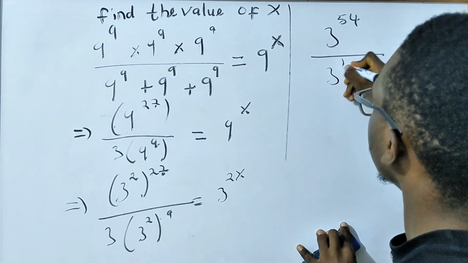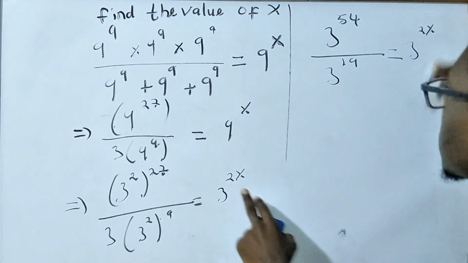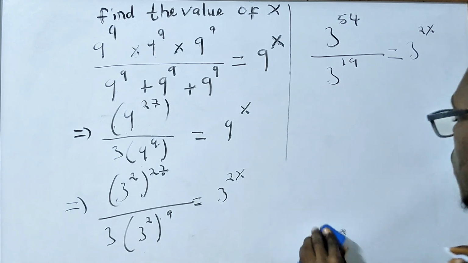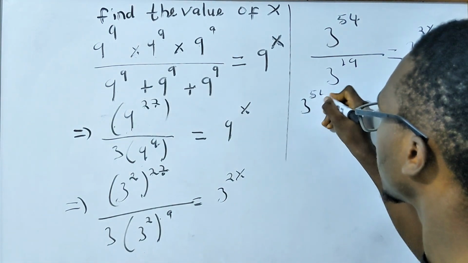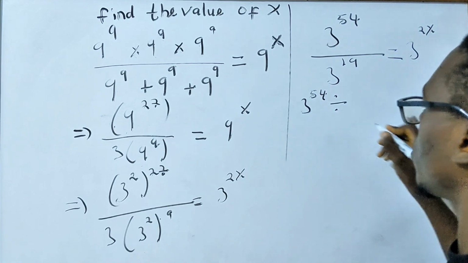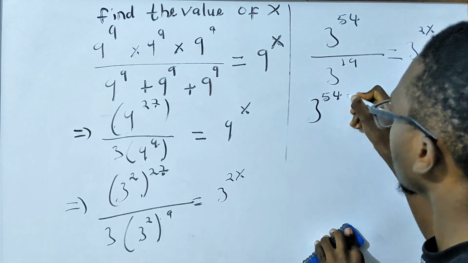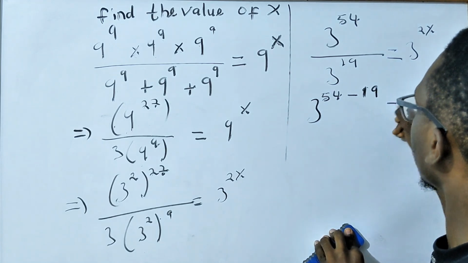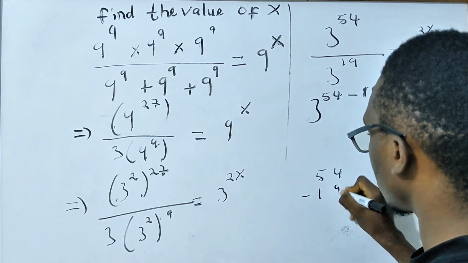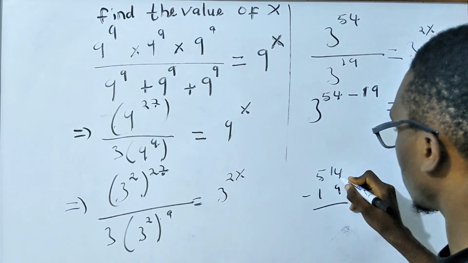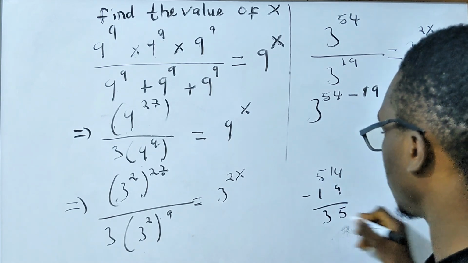3 to the 19 is equal to 3 to the 2x. That's what we have here. Hence, to solve, you can bring this up and subtract. That is 3 to the power 54 divided by 3 to the power 19, same thing as 3 to the 54 minus 19 is equal to 3 to the 2x. 54 minus 19 is equal to... we have 1 here, that is 5, we have 4, that is 35.